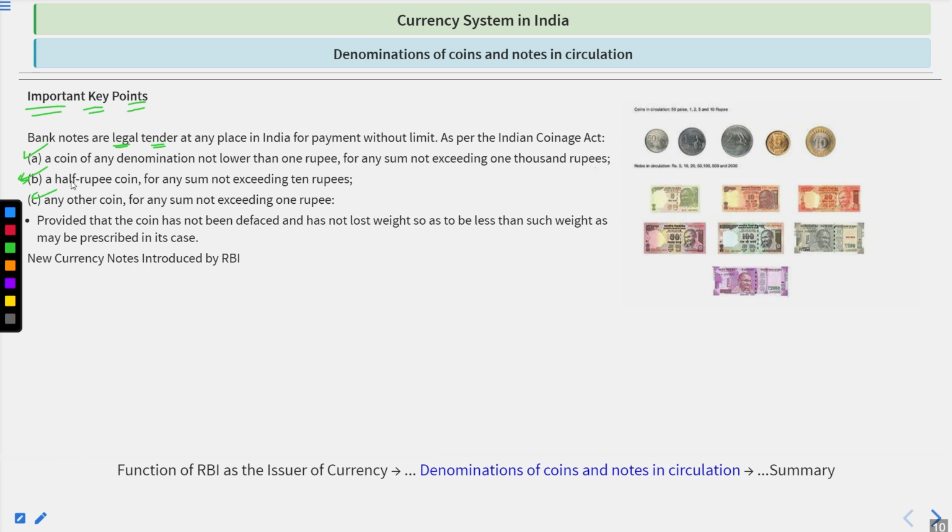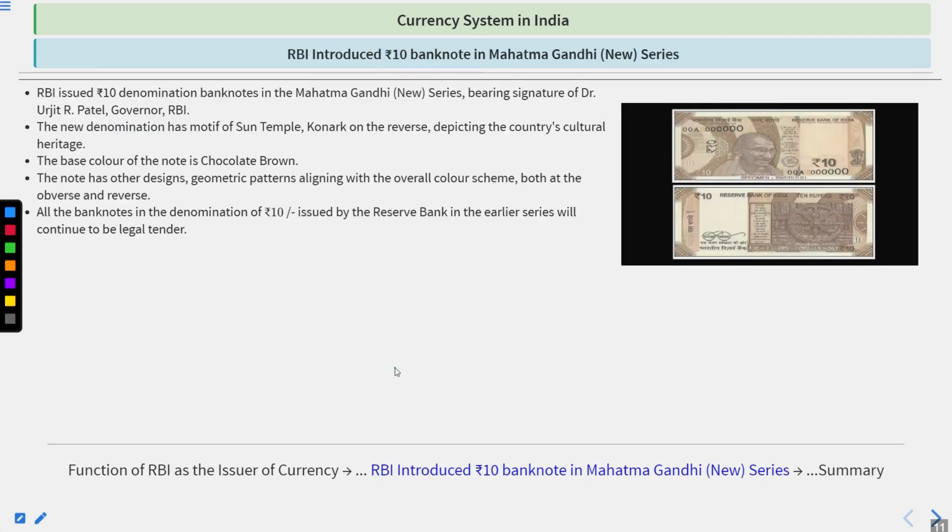Even below the half rupee coin you could use, but the only payment limit is 1 rupee. Provided that the coin has not been defaced and has not lost weight, so as to be less than such weight as may be prescribed. So these are the cases where you could use coins to make the payment as legal tender as per the Indian Coinage Act.